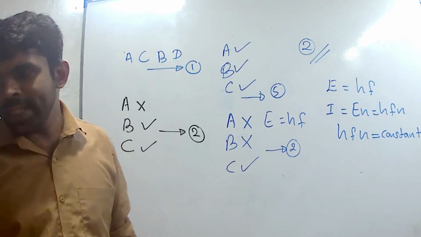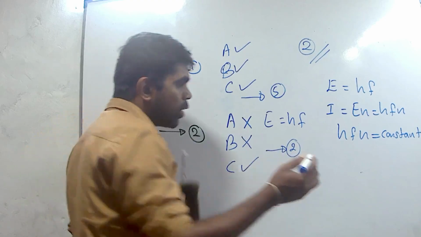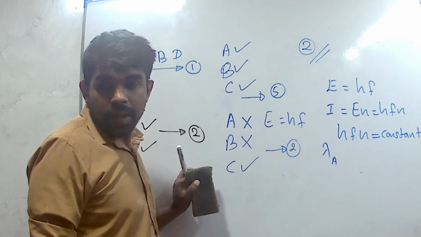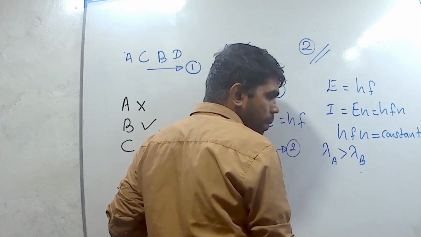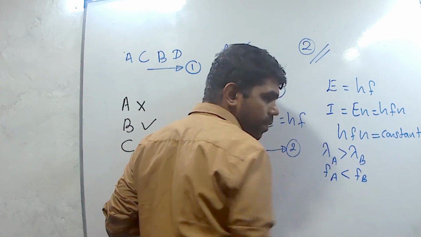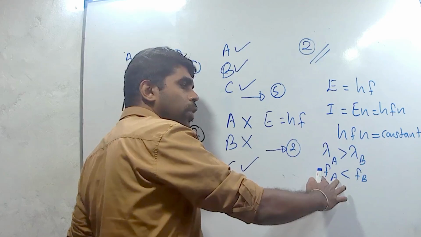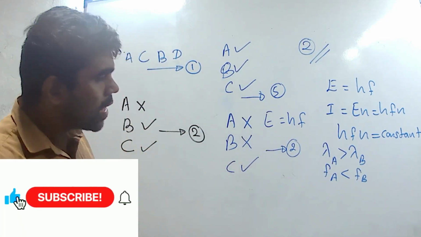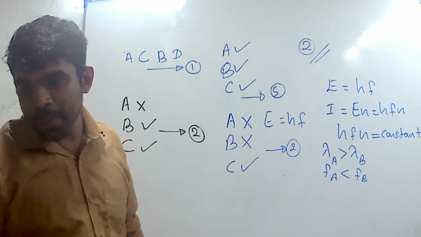Now the wavelength associated with beam A is longer than B. The wavelength of beam A is longer than the wavelength of B. It means the frequency of A is less than the frequency of B. Now we can get that the energy of a photon of type A is less than B. Then I will take the next statement.